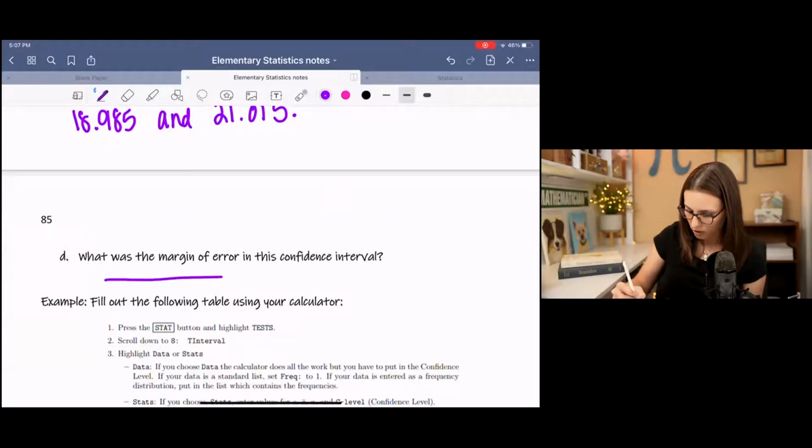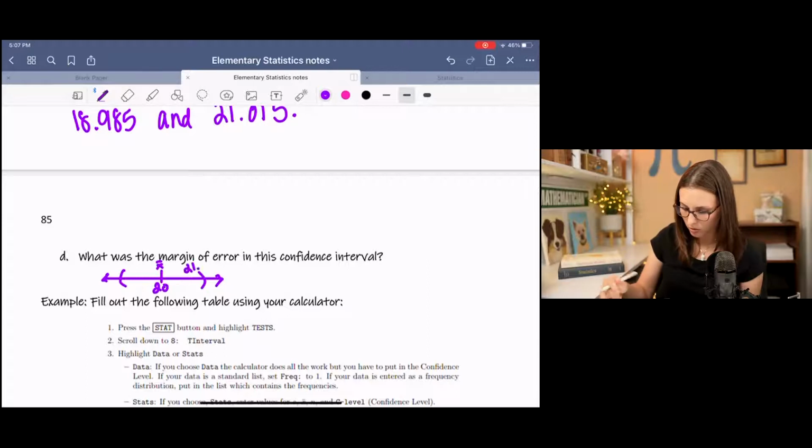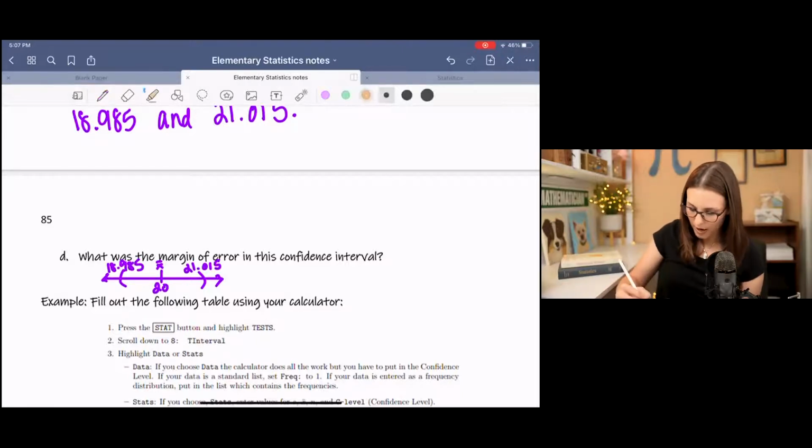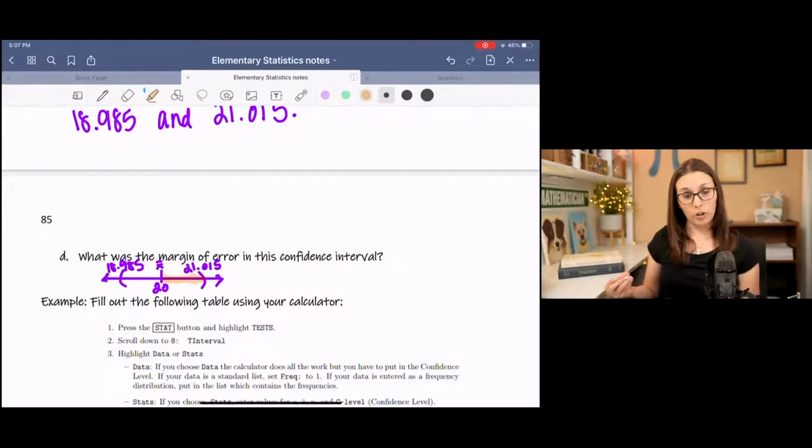So if I drew a picture of a number line, and we know that 20 is the center because it's the sample mean, and then we know our boundaries, 21.015 and 18.985, then this space, this buffer, is our margin of error.